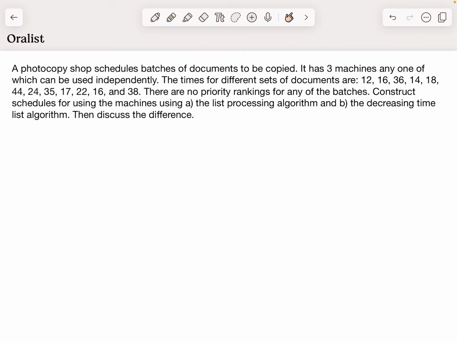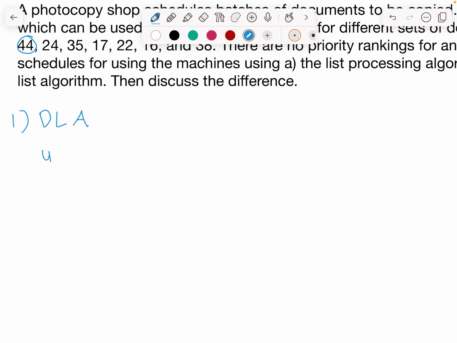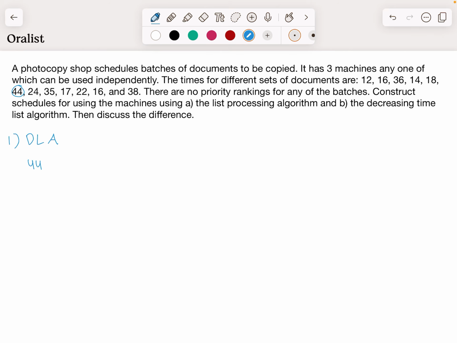Then discuss the difference. Okay, let's start off by drawing what the decreasing list algorithm would look like for this scenario. For the decreasing list algorithm, we usually want to start off with the biggest number that is given to us, which is 44. So in our first machine, we could spend 44 minutes on one of the documents.